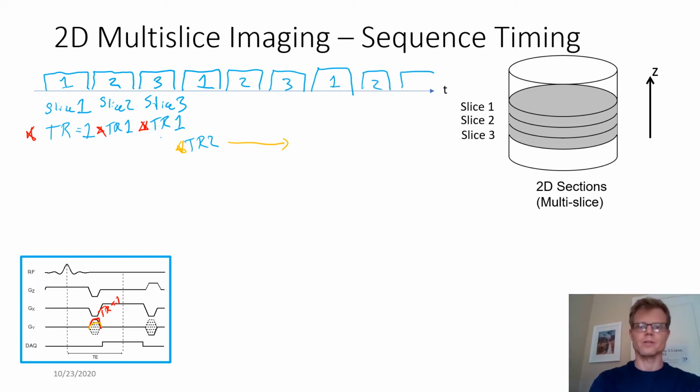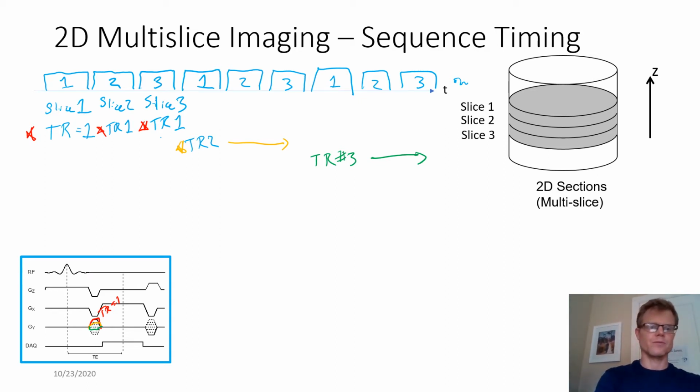So we're going to repeat our slice block. Next, for example, we would do a different phase encoding gradient, TR number 3 for each slice, and so on.